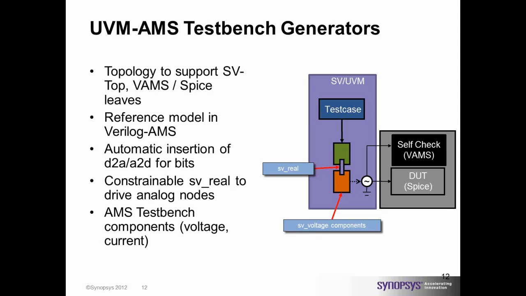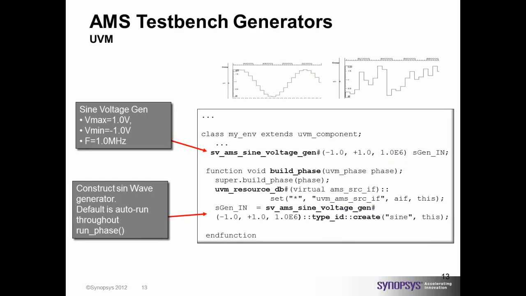So again, it can work in both methodologies, as in UVM or VMM, but right now the scope is for UVM, right? That was a generic description of how a voltage generator would look, but the library or the application package of UVM-AMS does provide a certain set of generators built inside the package, one of which has been shown here as a sine voltage generator.